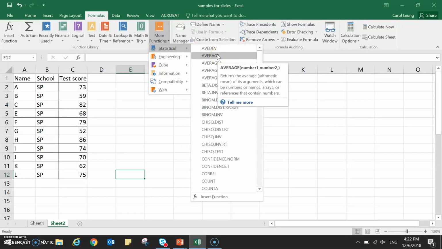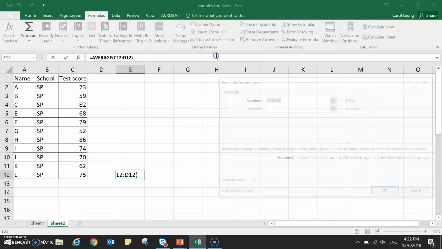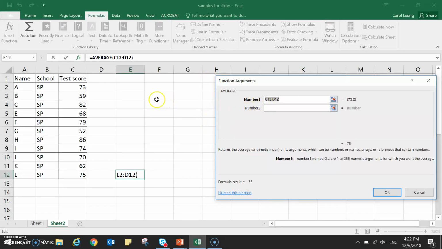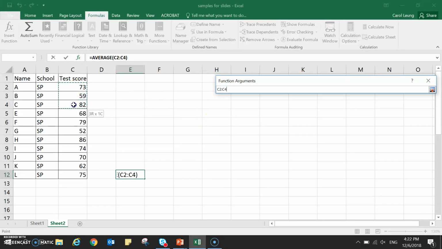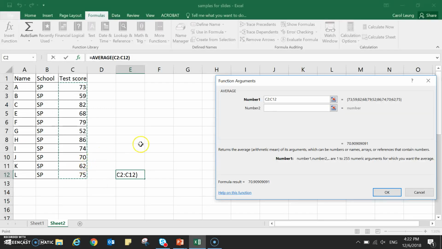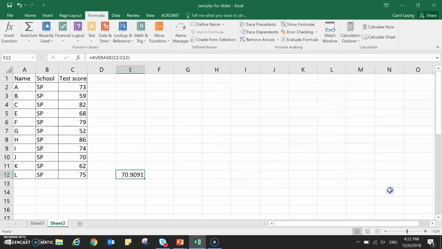Average is the mean, so you click on the function average and you will have to select the test score and click OK. The mean in this case is 70.9091.